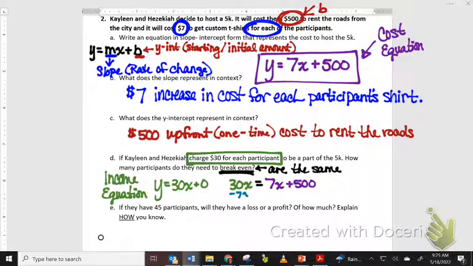Minus 7x on both sides. 23x equals 500. And I'm going to need a calculator for this part because I don't know that off the top of my head.